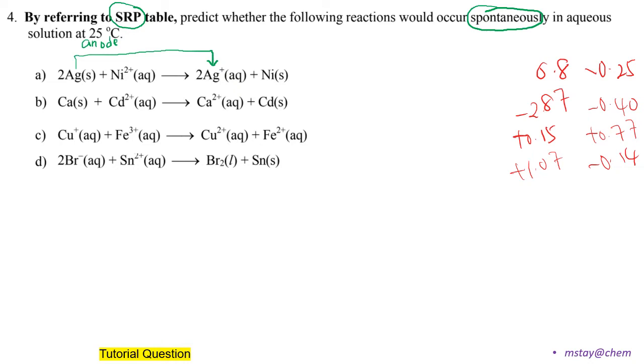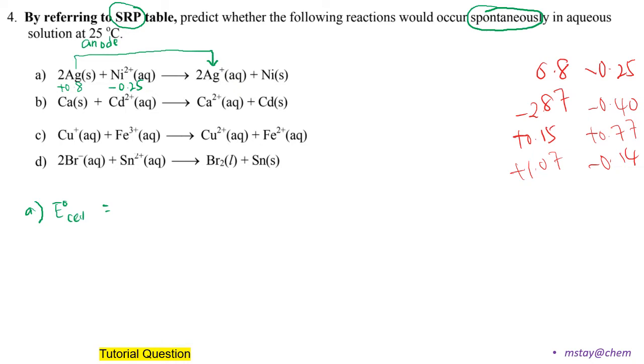The SRP value for silver is positive 0.8, while nickel is negative 0.25. So for question A, E0 cell is cathode minus anode.